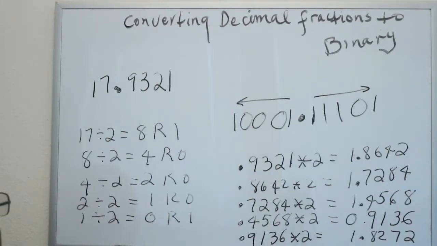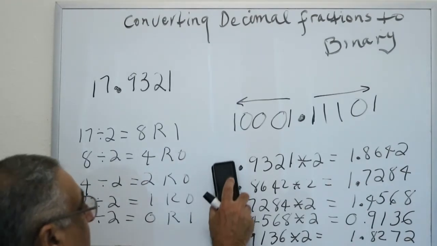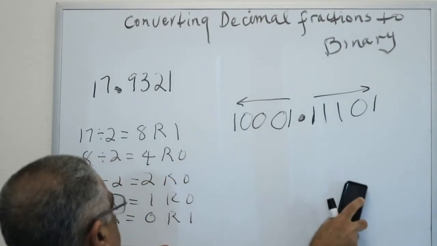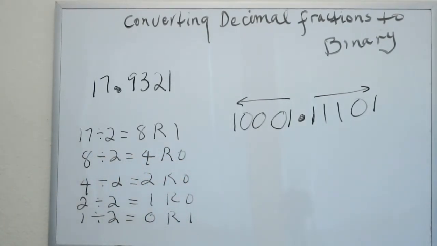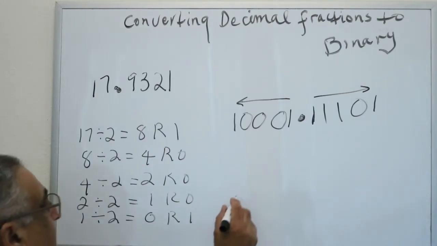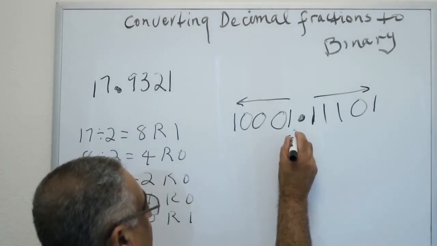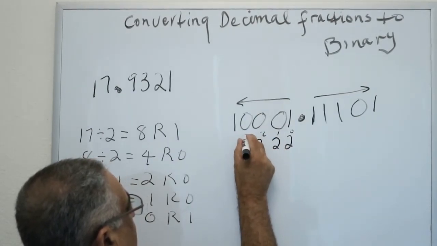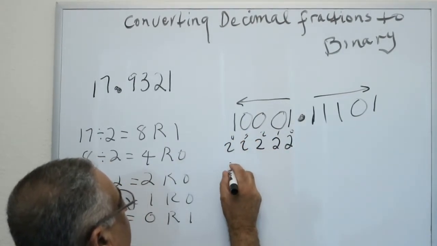So let's see how we can evaluate this. I'm going to erase these parts so that I can show you the result. Remember, this is the whole number, so that's 2 to the 0, 2 to the first, second, third, fourth.